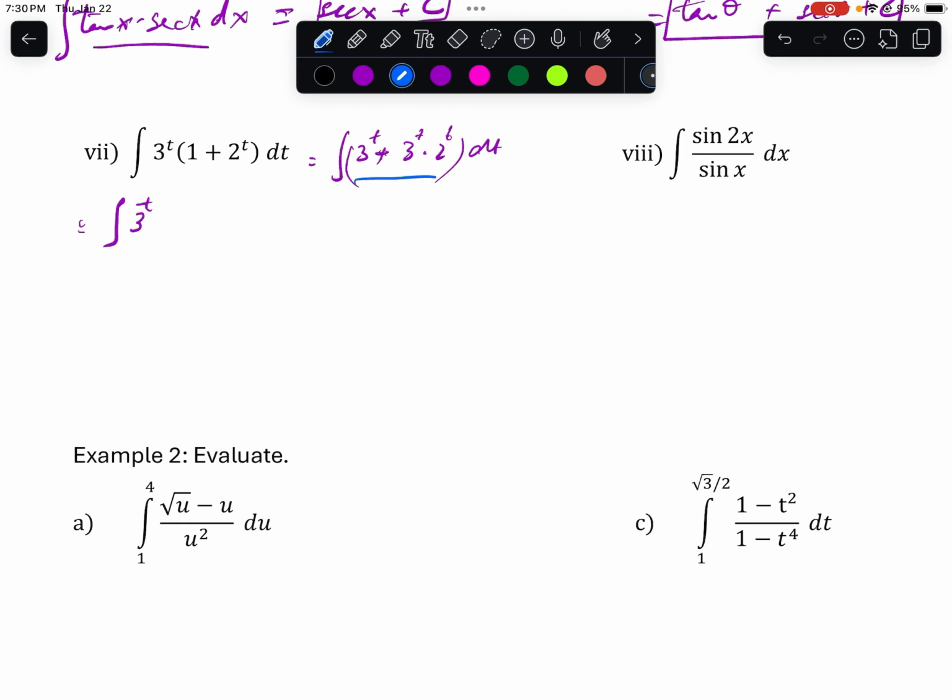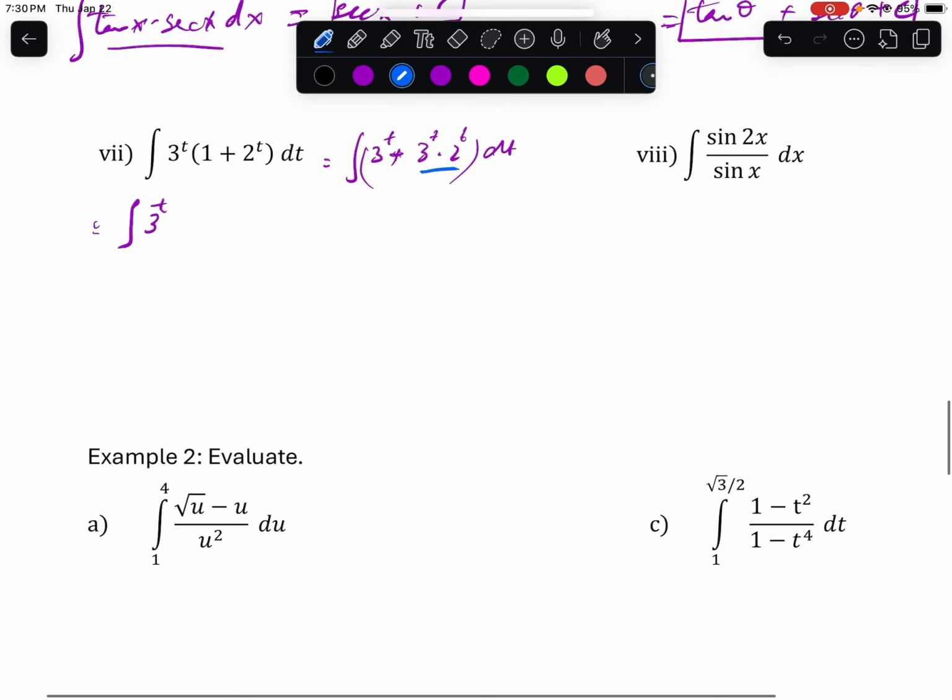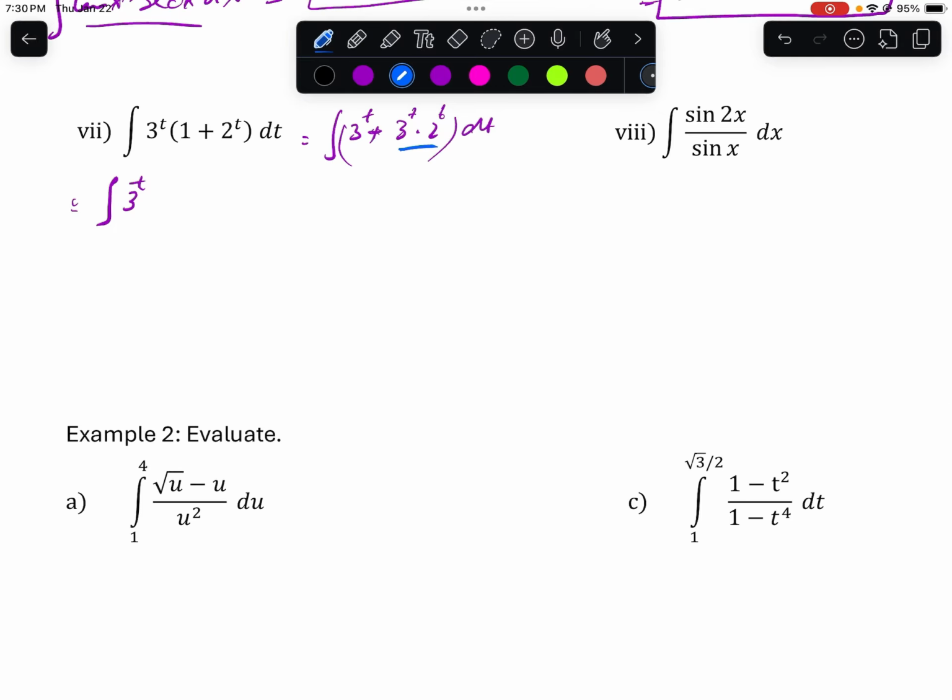So if you recall, one of the properties of the exponents is that if you have the same power and the bases are different and their terms are being multiplied, then the bases get multiplied. So we will get plus 6 raised to the power t, and then dt.